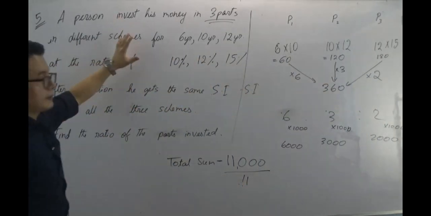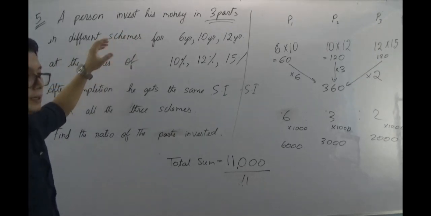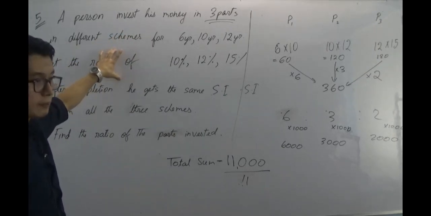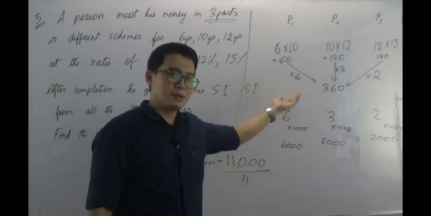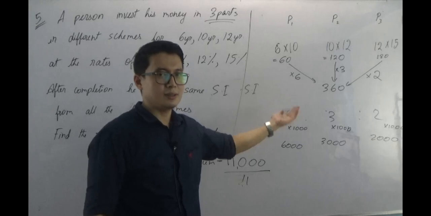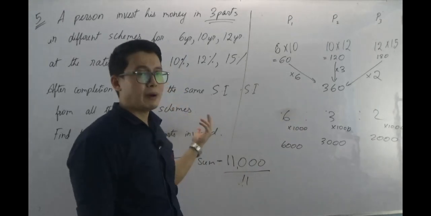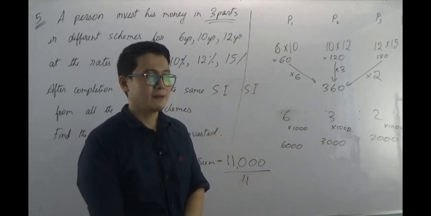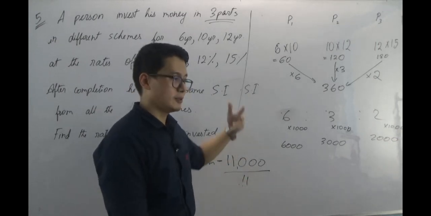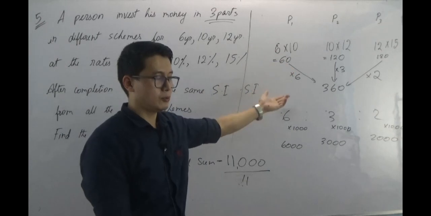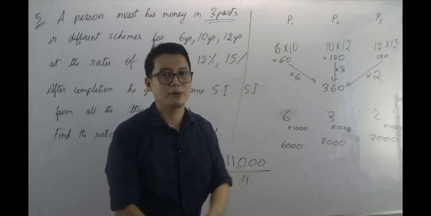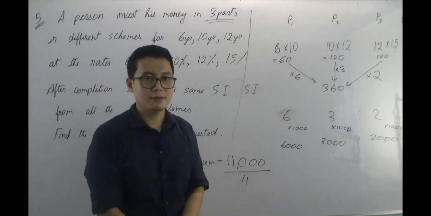If you can solve this problem so easily, you do not need to use the formula P1 by P2, P2 by P3. That is not the demand of the exam.